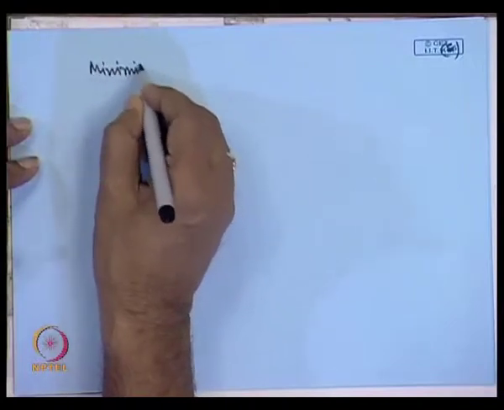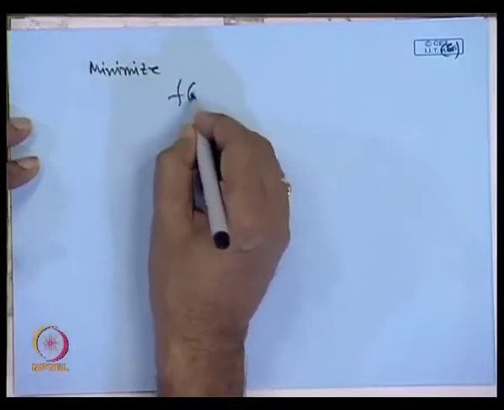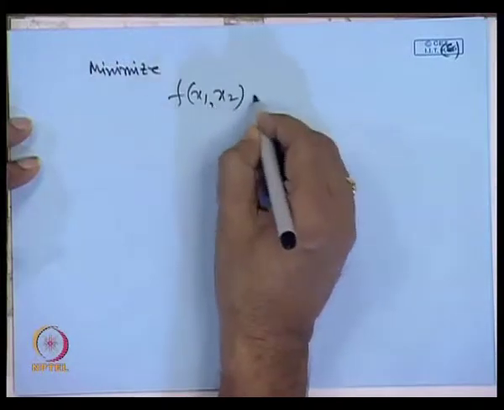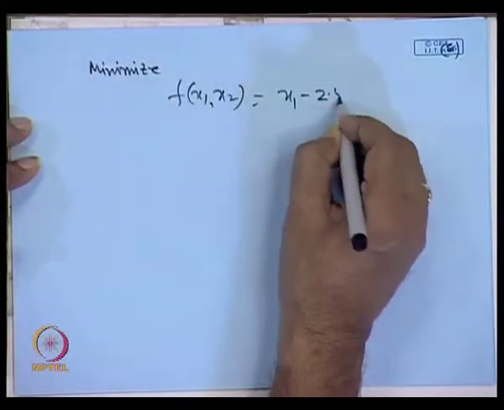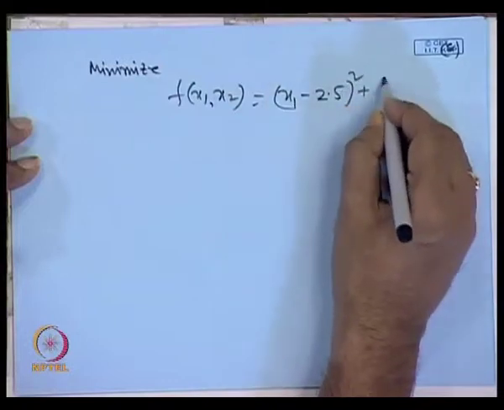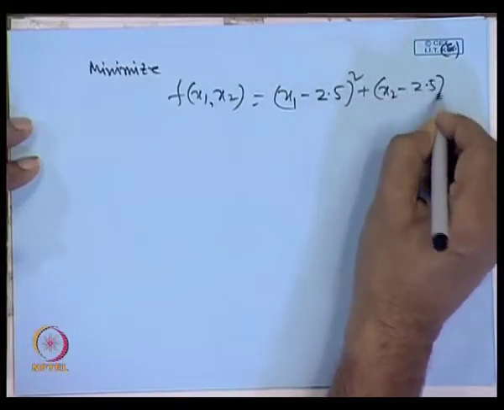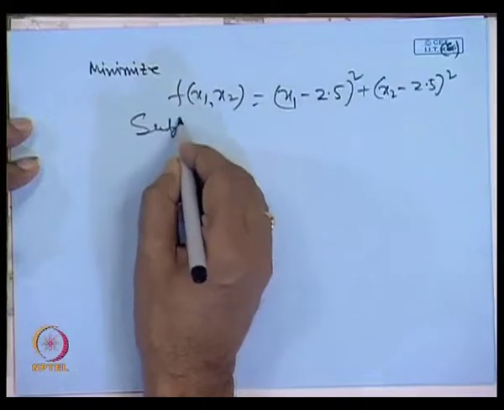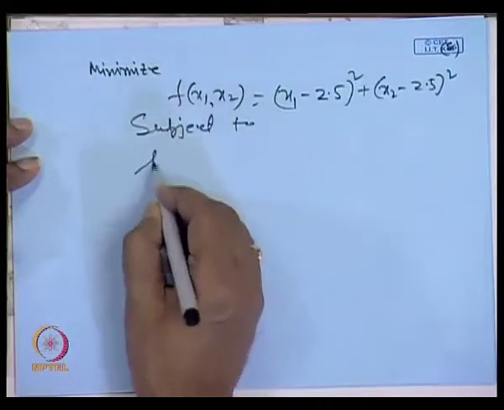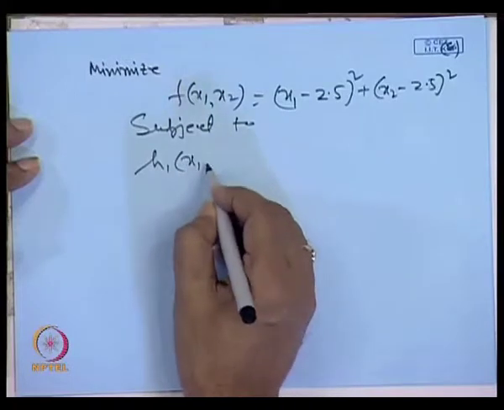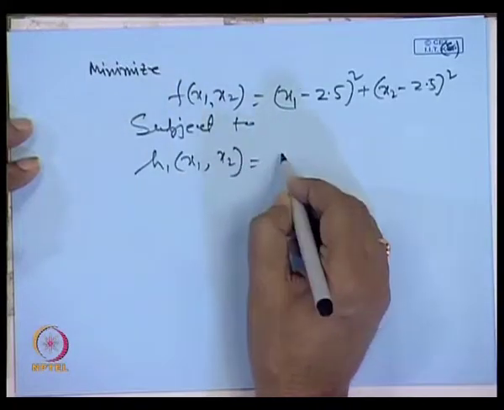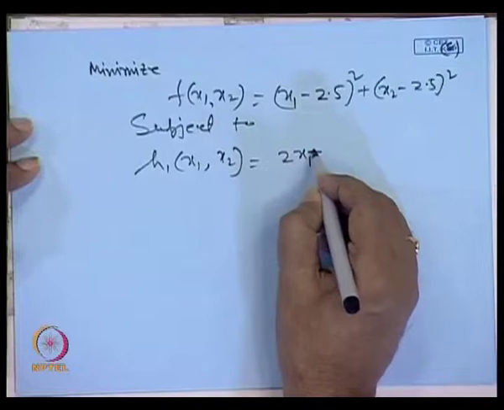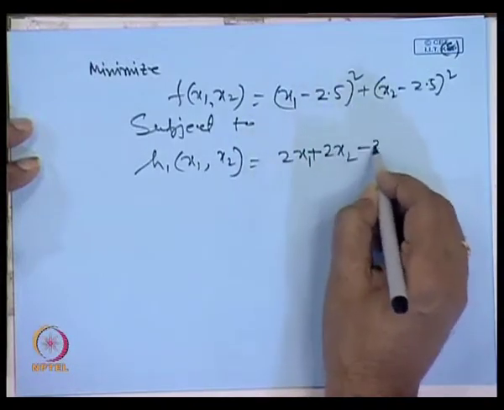So, let us see how to convert. One way of conversion is this. Minimize the same problem, f of x1, x2, that is (x1 minus 2.5) whole square plus (x2 minus 2.5) whole square, subject to h1, only one equality constraint, equal to minus 2x1 plus 2x2 minus 3 equal to 0.